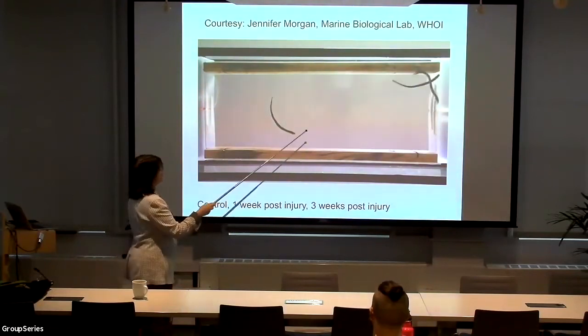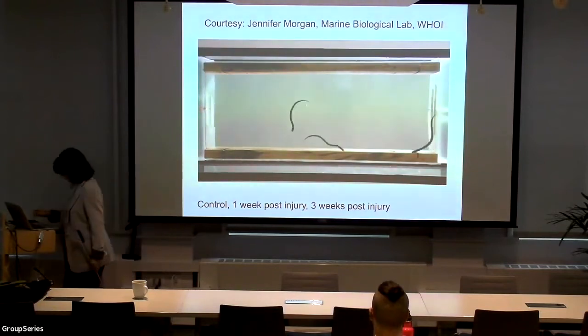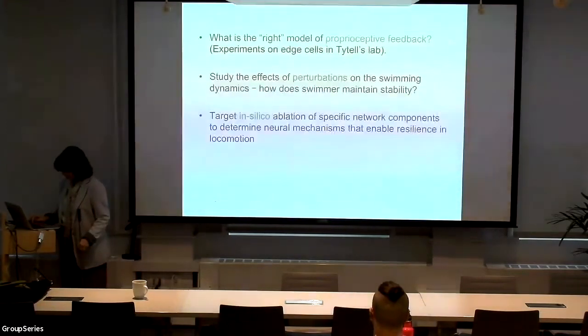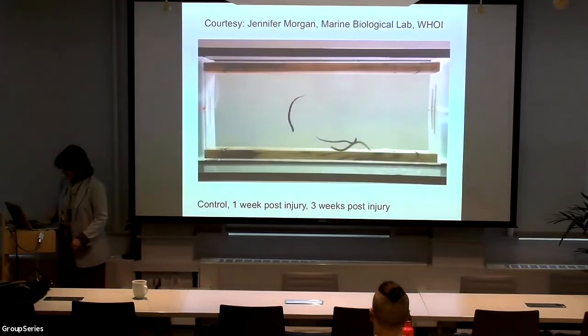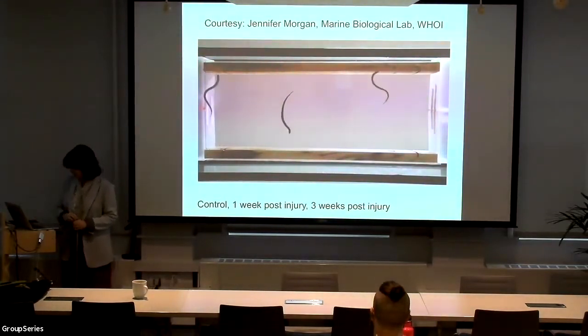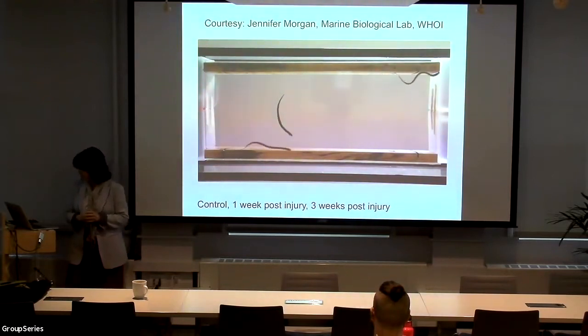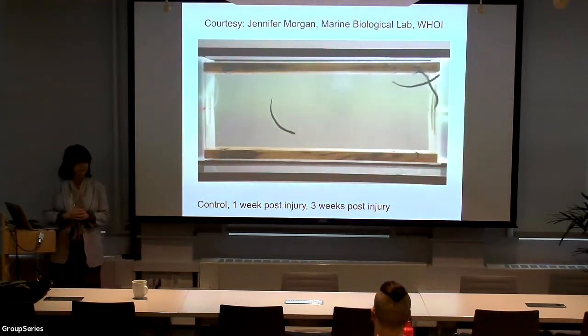So there's the control swimmer. The control swimmer is the happy fast guy. The one that's 1 week post-injury, you see things are not so good, and the one that's 3 weeks post-injury is a little bit better.